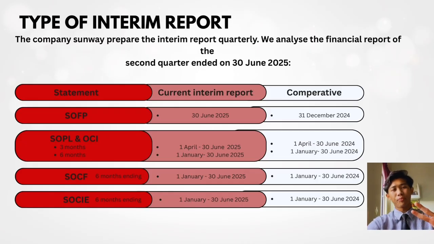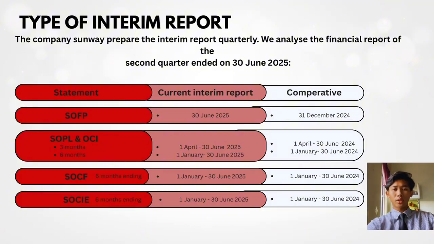Okay, next, the SOPL and OCI, statement of profit or loss and other comprehensive income. This statement is different. It covers a period of time, not just one date. For a second quarter report, the company must show 2 periods.